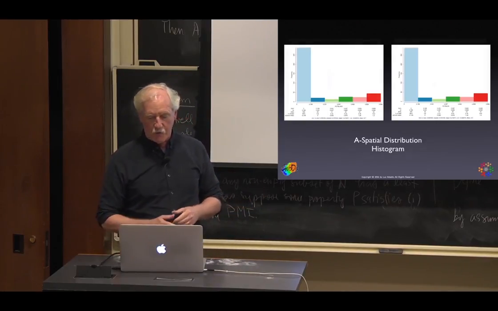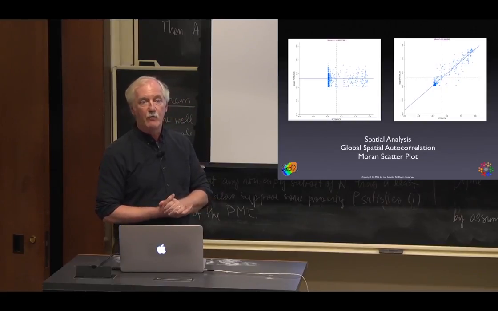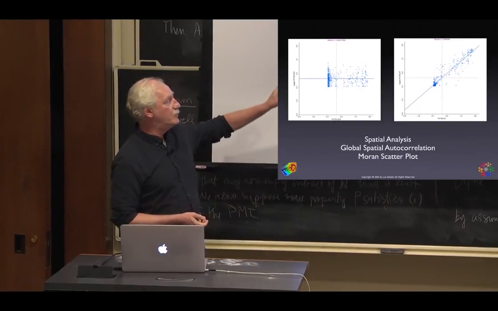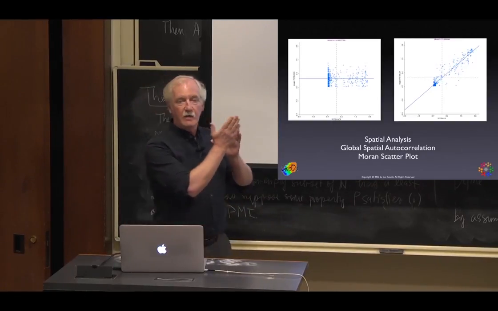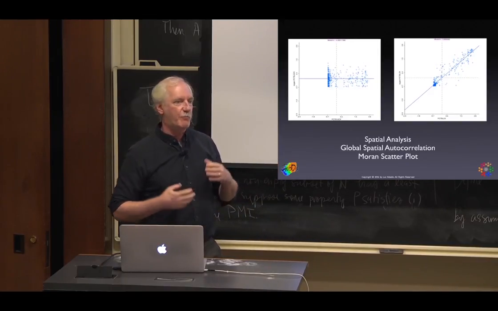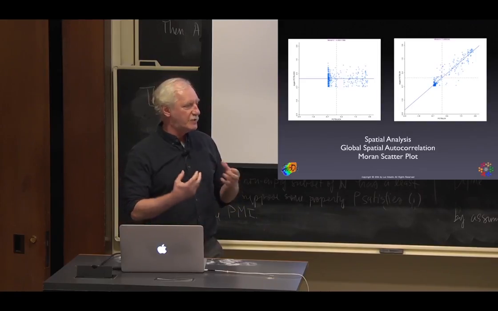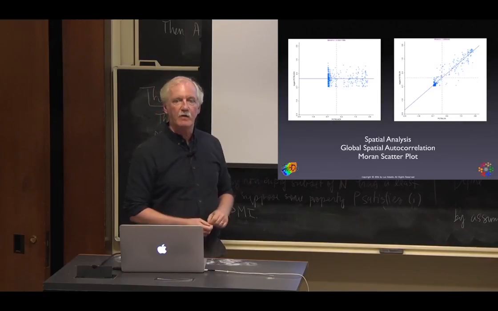Now, one of the things we're going to learn is measuring spatial autocorrelation. And one of the tools we're going to use is called the Moran scatter plot. And here we do see the difference. The one on the right has a very positive, steep slope, a very high degree of positive spatial autocorrelation, which means nearby things are very similar. Remember the map, all the reds together, all the blues together.